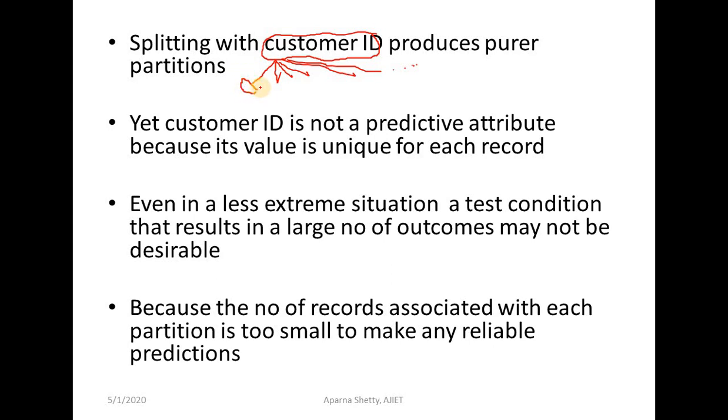If I take customer ID over here, the number of records in each partition might be 1. Number of records in each partition will be 1 only. So in this case, because the number of records associated with each partition is too small, it is not desired. You cannot make reliable predictions.